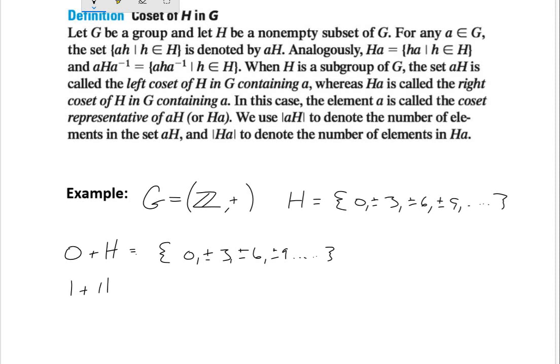How about what happens if we add 1 to all of those things? 0 plus 1, 3 plus 1, 6 plus 1, 9 plus 1. And going in the other direction, negative 3 plus 1 would be negative 2, negative 6 plus 1 would be negative 5, and so on. And that gives me another set.